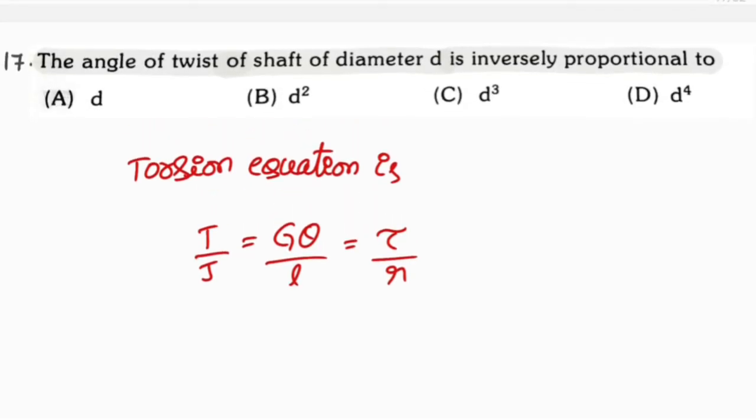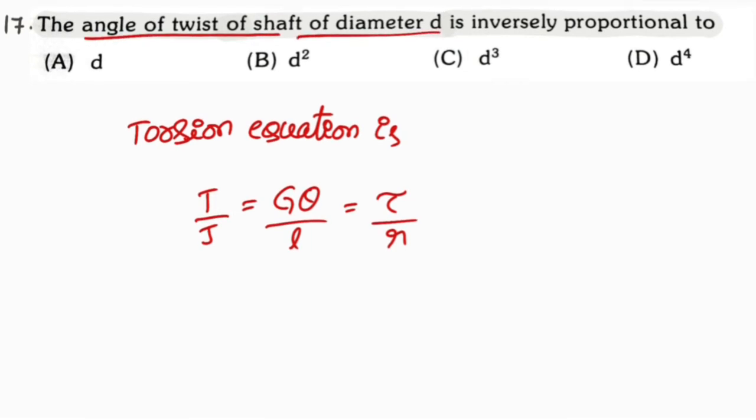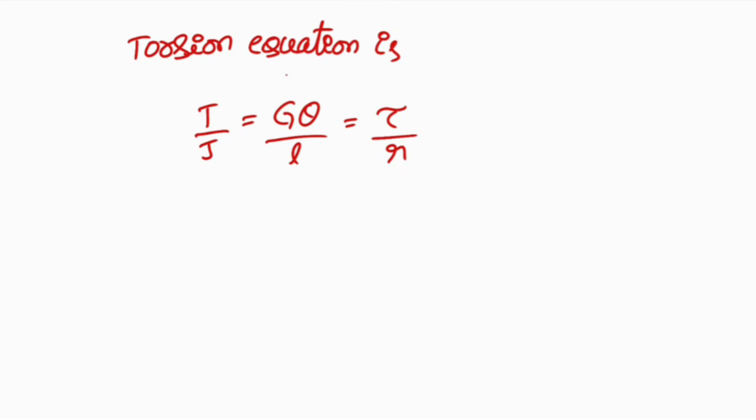Here the problem asks the relation between the angle of twist and shaft diameter. Therefore, other parameters can be treated as constant.